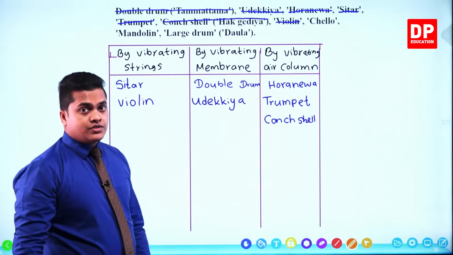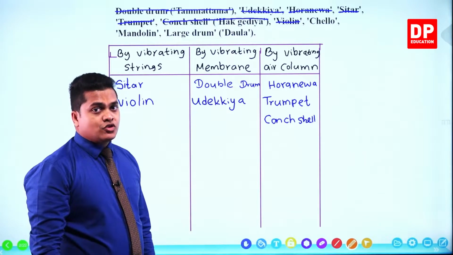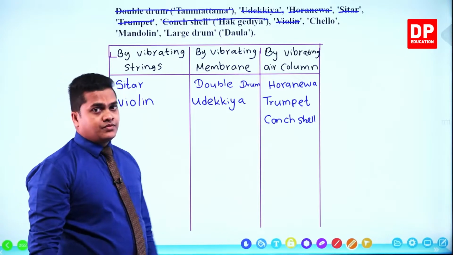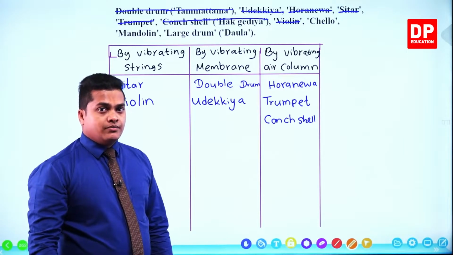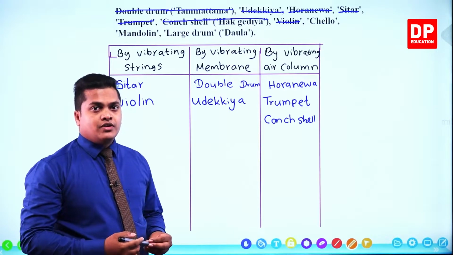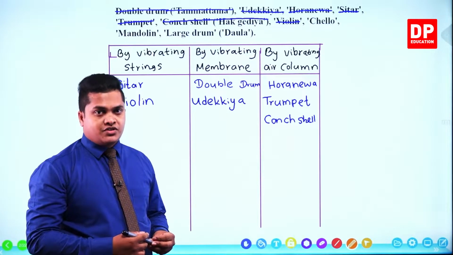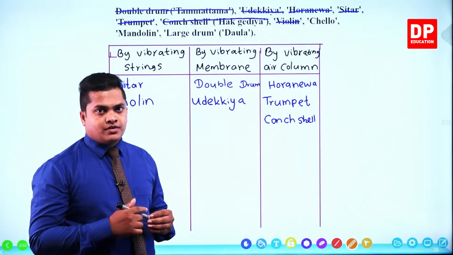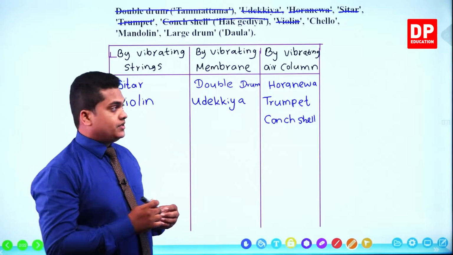So cello is also a musical instrument which produces sound by the vibration of strings. It's same as the violin but somewhat larger, right? So cello.